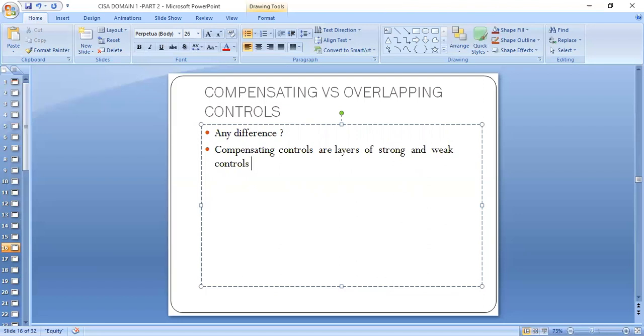So you use a mixture of strong and weak controls. If the weak controls fail, the strong controls can actually save the day for us.